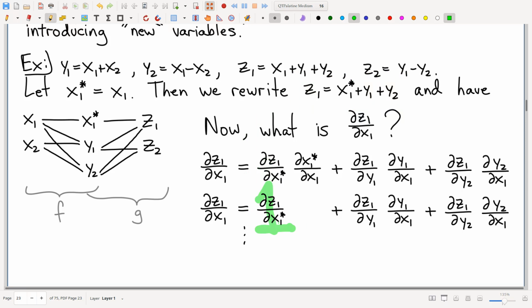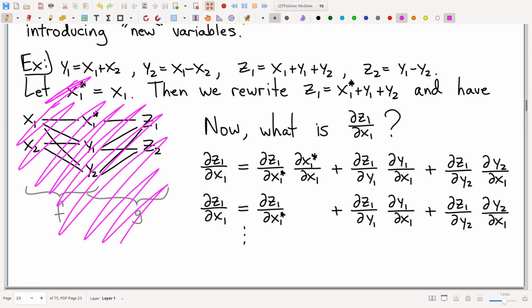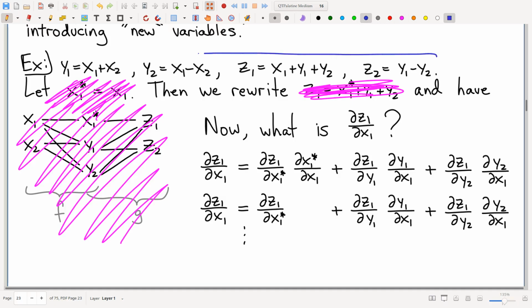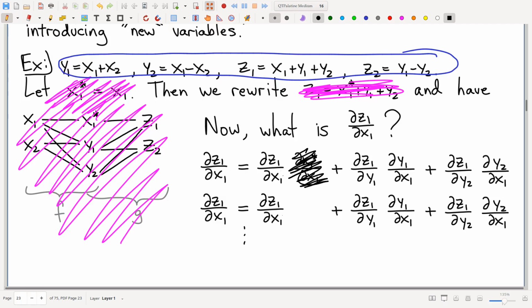Everybody good? Now let me tell you what I saw when I was doing all this kind of stuff. What I would see done is they wouldn't make the new diagram, they wouldn't introduce the new variable and thus rewrite. Everything would be done straight off of the algebra that had been given, and they would just write that down immediately.